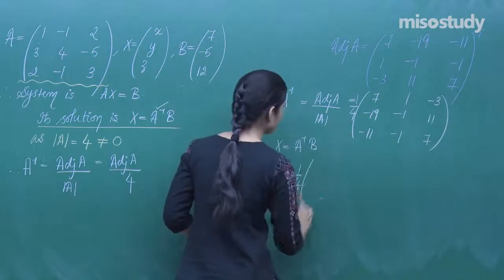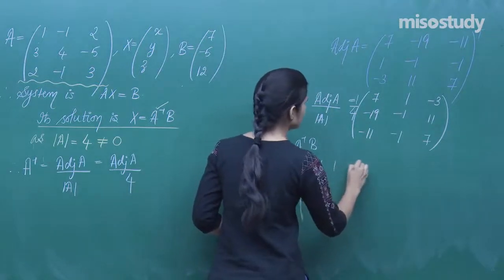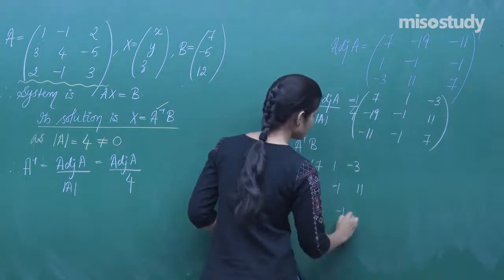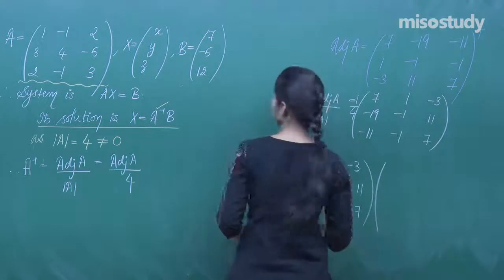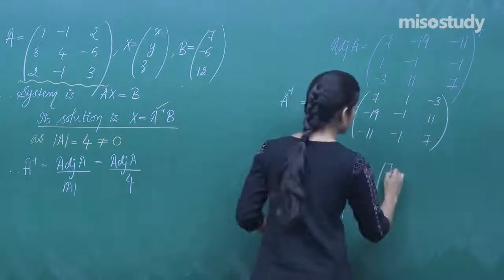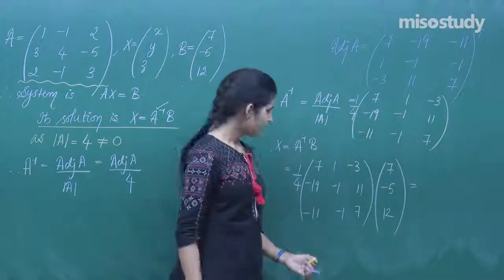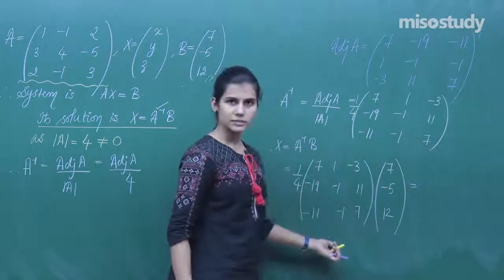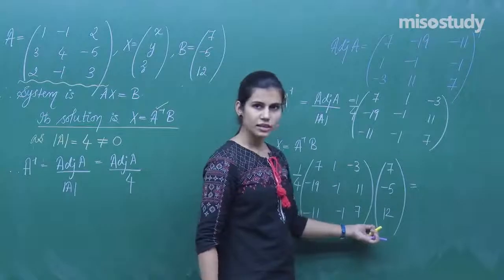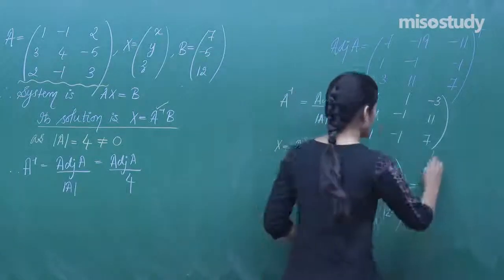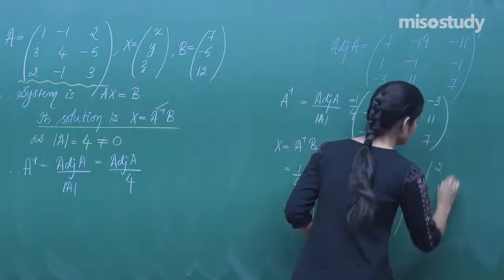So you have got your A inverse matrix, and so the solution is A inverse B. This is 1 by 4, 7, 1, minus 3, minus 19, minus 1, 11, minus 11, minus 1, 7, and B is equal to 7, minus 5, 12. When you multiply these two matrices, this is 3 cross 3 and this is 3 cross 1, so you will get a 3 cross 1 matrix, and that comes out to be 2, 1, 3.